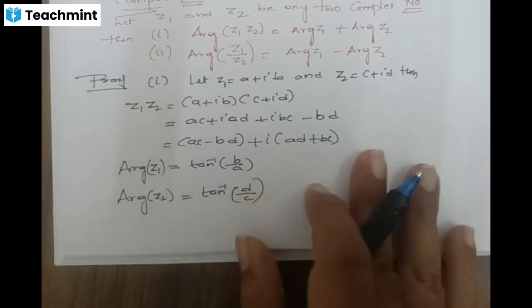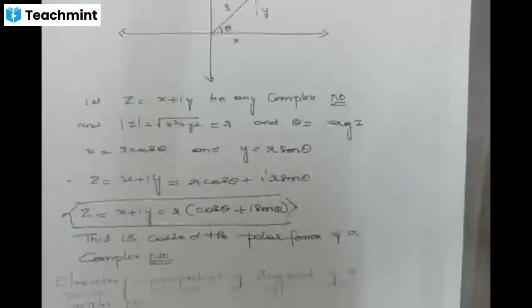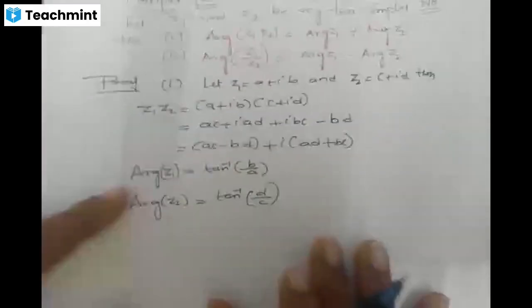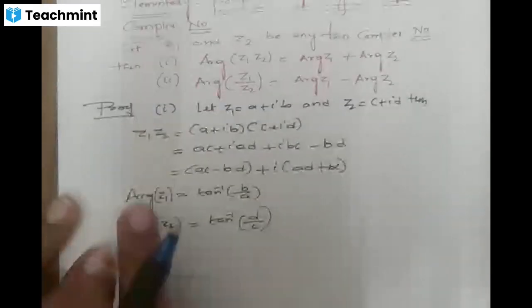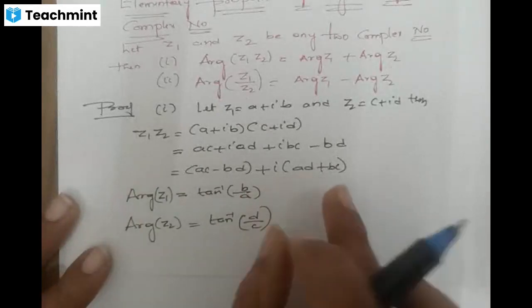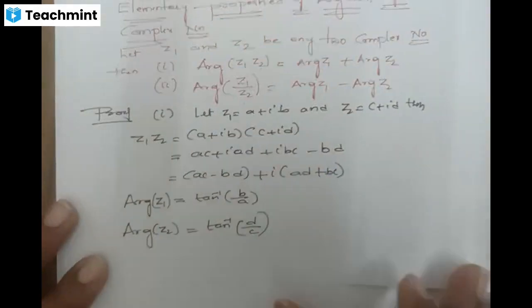So next, argument of z1 into z2. Argument of z1 z2 means tan inverse of imaginary part divided by real part. So first one I am proving.